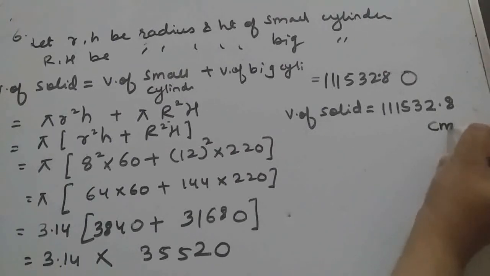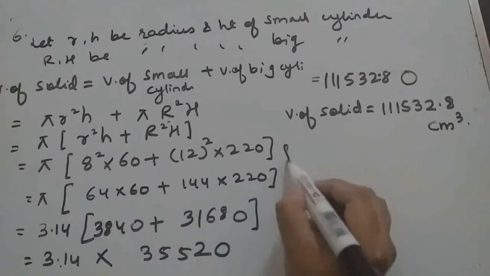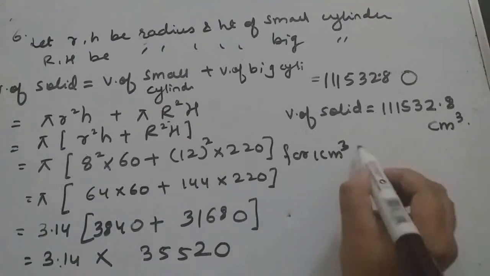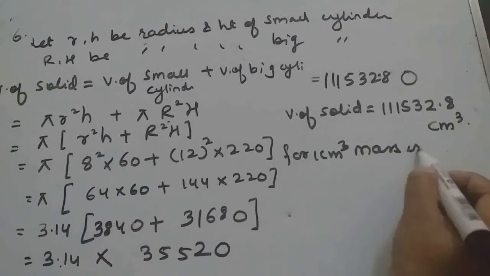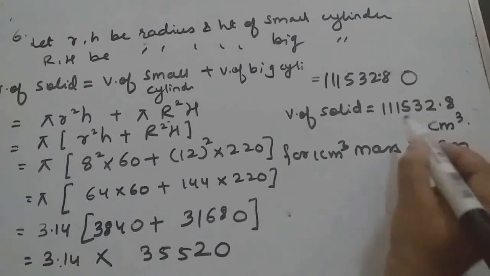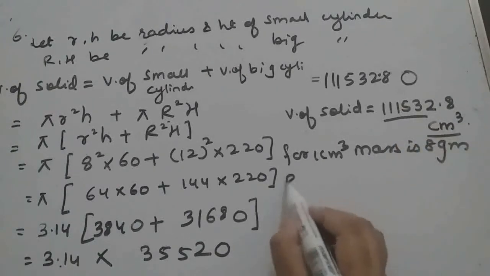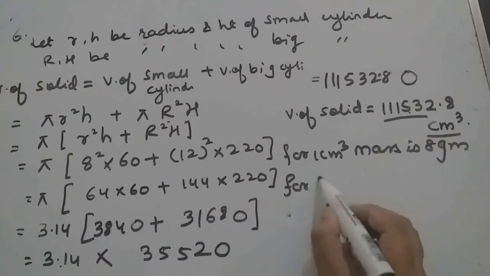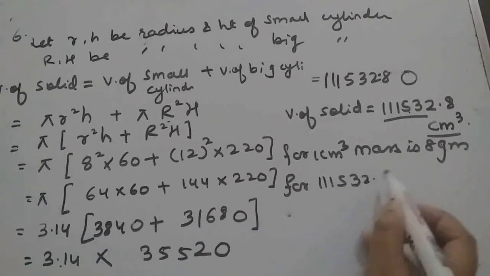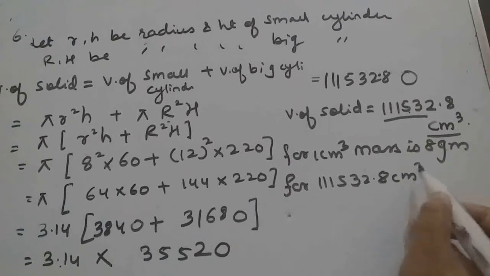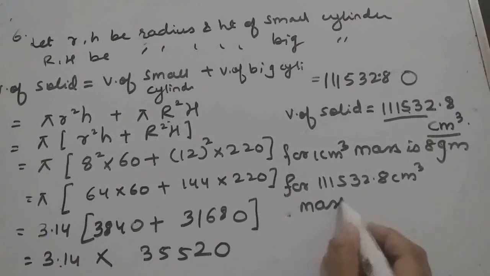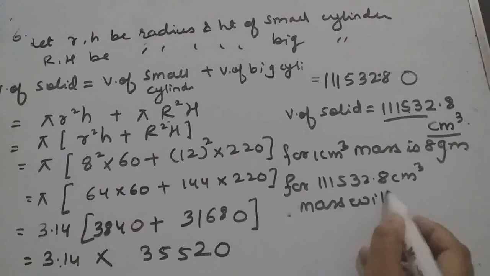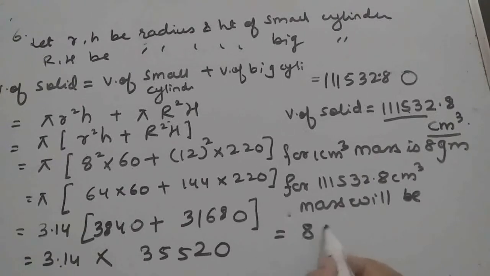For 1 centimeter cube, mass is 8 gram. So for this much centimeter cube, what will be the mass? This into 8, isn't it? For 111532.8 centimeter cube, the mass will be 8 into 111532.8.